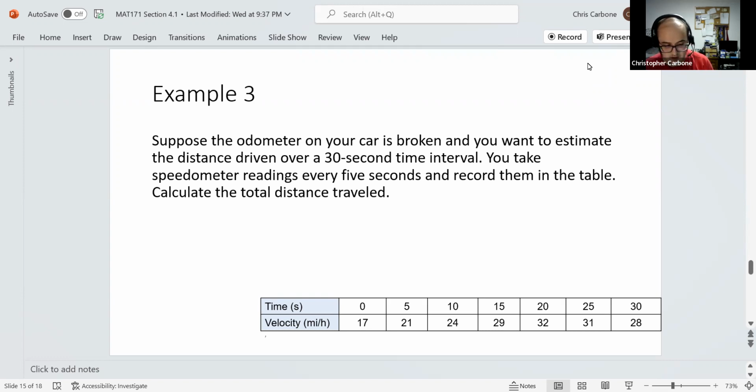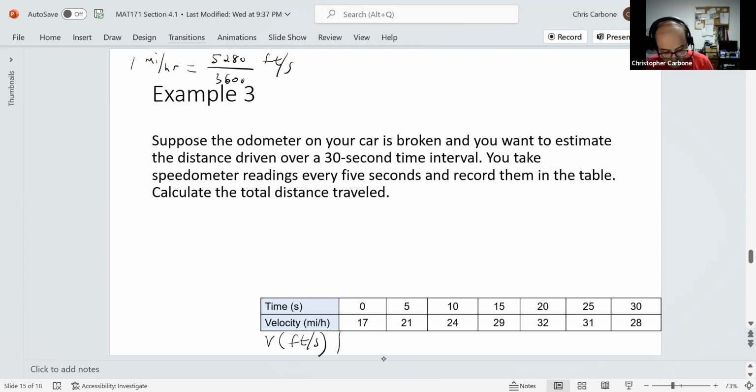But we're going to convert these velocities into feet per second. So doing that uses the computation of 1 mile per hour is equal to 5,280 divided by 3,600 feet per second.